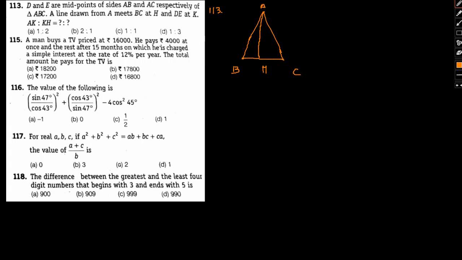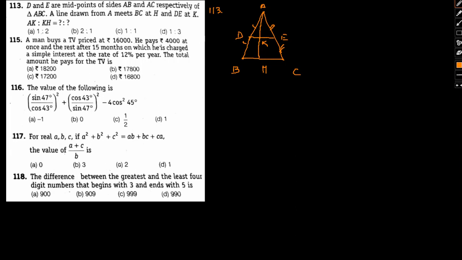D and E are the midpoints, that is, this is equal to this and this is equal to this. So now we need to find AK, that is, this point is K. We need to find AK is to KH.